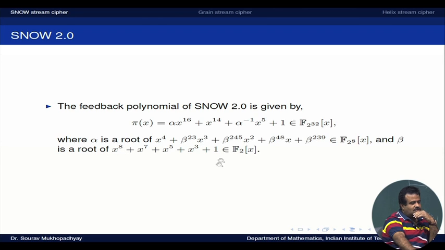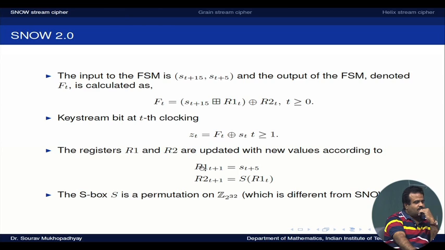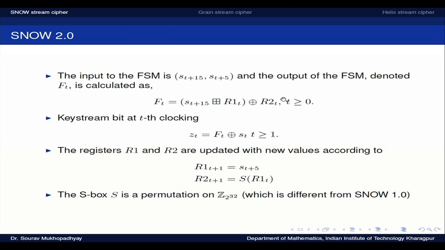So they have changed this. The remaining things are almost the same. The only thing is that the positions are changed.